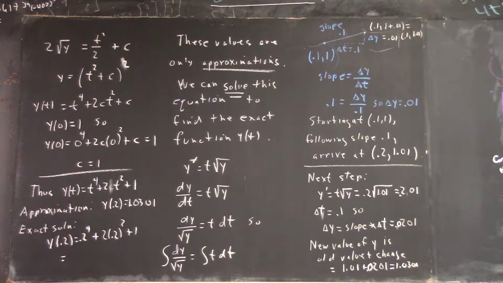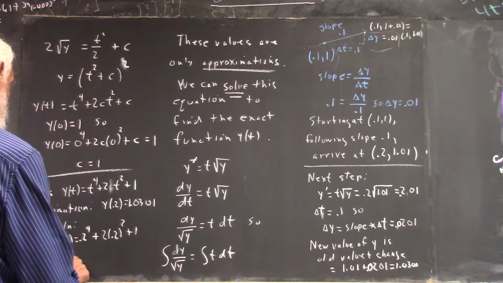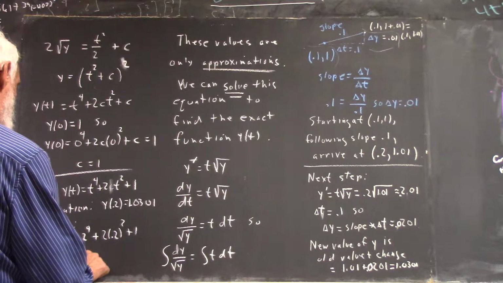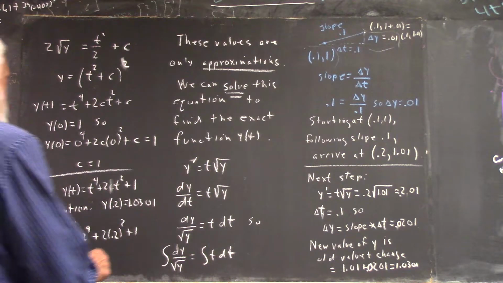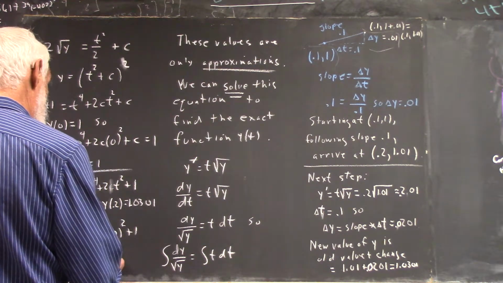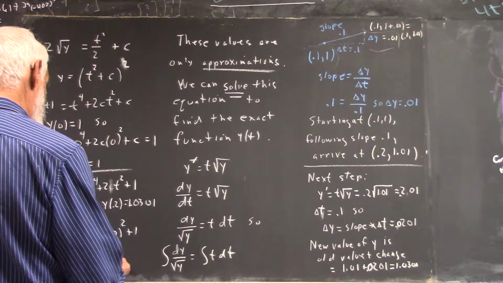Okay? Now what's 0.2 to the 4th? Well, 2 to the 4th is 16. So we're going to need something like this. Okay? And check me on that. Yeah, I could be wrong. Happens a lot.